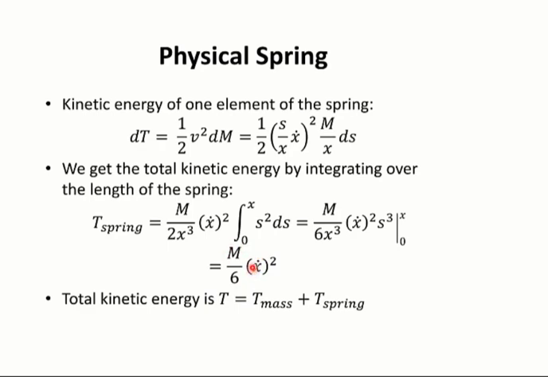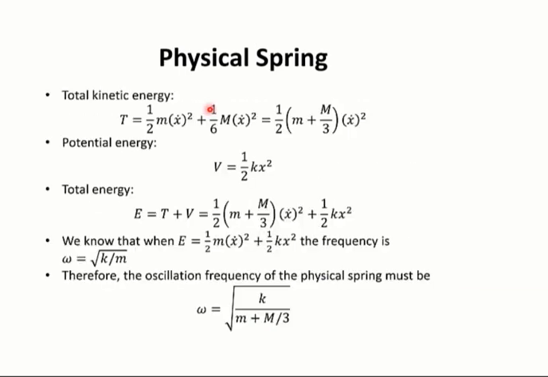But remember, we have a mass attached to the spring. So the total kinetic energy of this system, of this physical spring, would be the kinetic energy of the spring added with the kinetic energy of the mass. Now, if the mass attached to the spring has mass equal to small m, then its kinetic energy would be a half m x dot squared, okay?